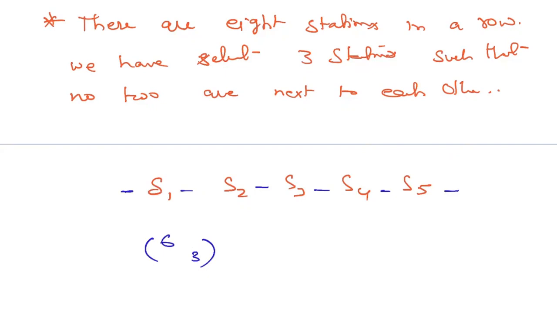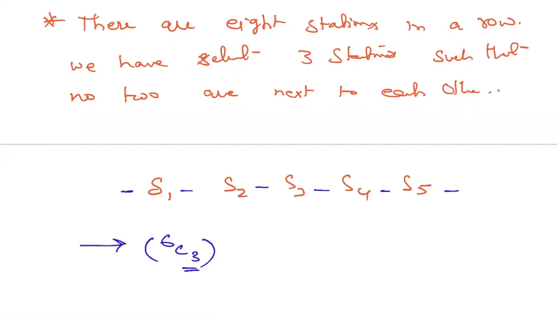The stations are fixed, only we have to select. So in how many ways can we select? The students we can arrange in between, but we have to select 3 stations out of 8 in such a way that no two are consecutive, right?